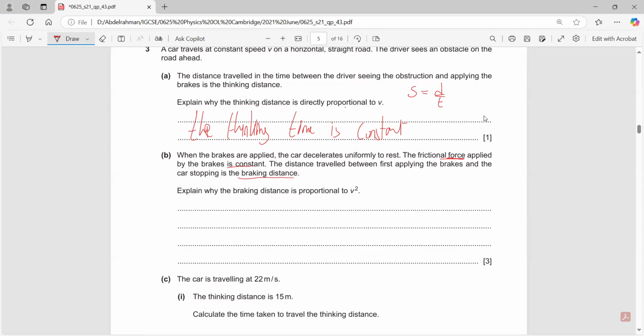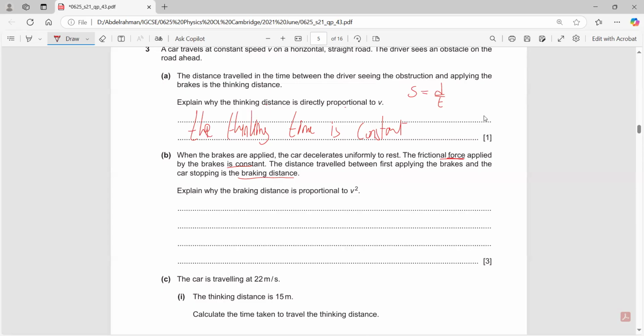Initially, the car was moving with some kinetic energy. The only v squared we have in our syllabus is in the kinetic energy, so half mv squared. This is the kinetic energy of the car. Initially, it was moving with the kinetic energy of whatever amount of joules. Then as you apply the brakes, this kinetic energy is being converted to what type of energy?